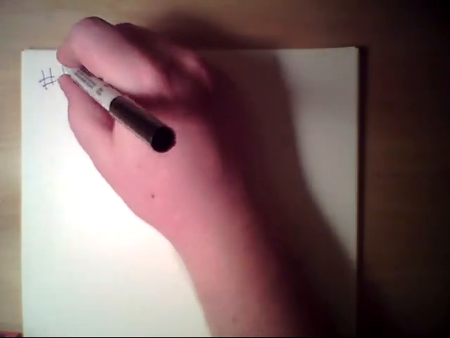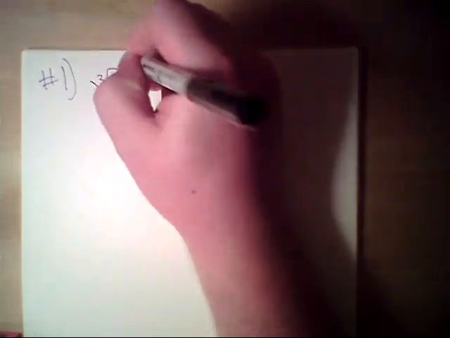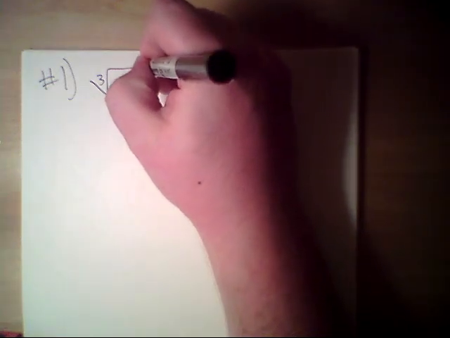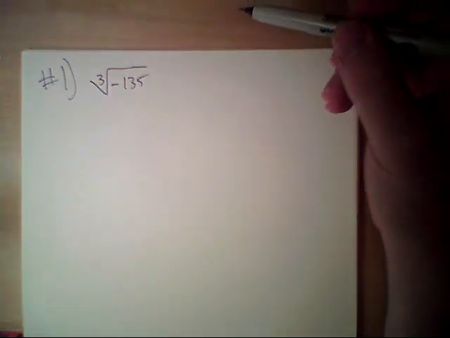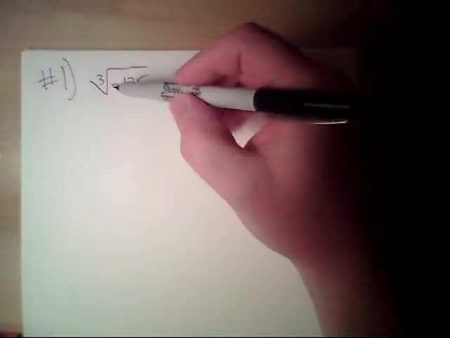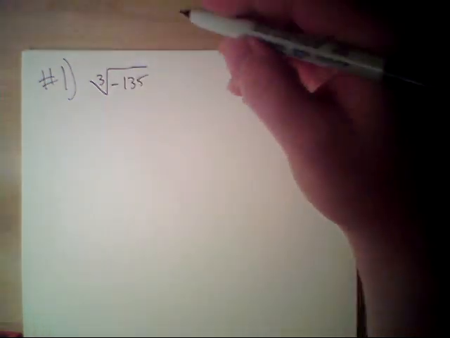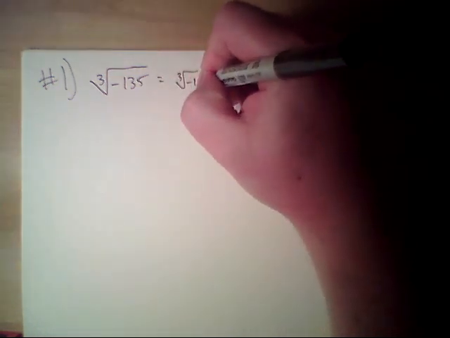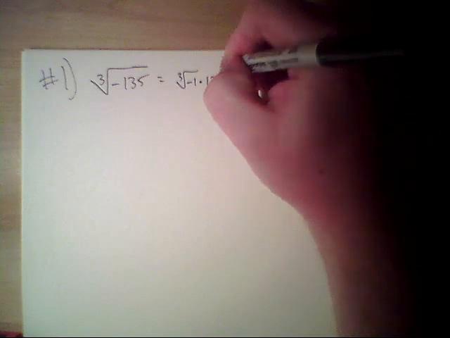Number 1. Okay, we have the third root of negative 135. Now, with any kind of root that's higher than 2, that's an odd root, if we have a negative inside the root, this is the same as the cube root of negative 1 times 135.